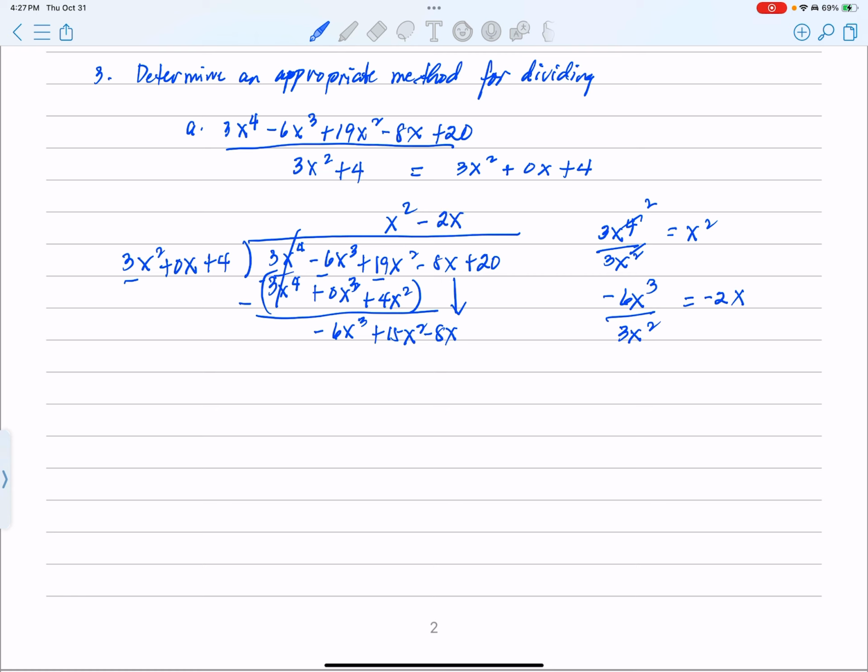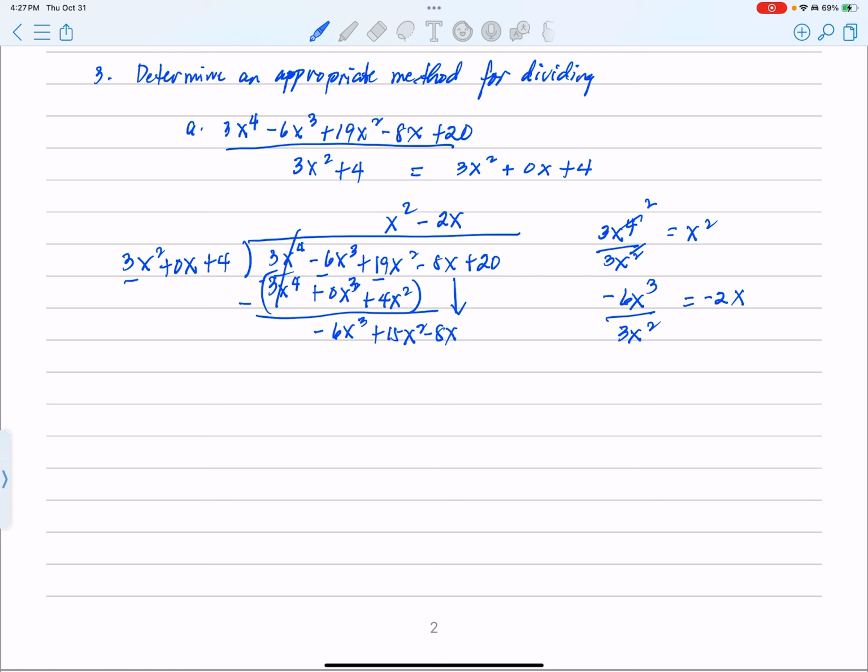Okay, let's use synthetic division. In this case, I'm trying to figure out if we can factor out.